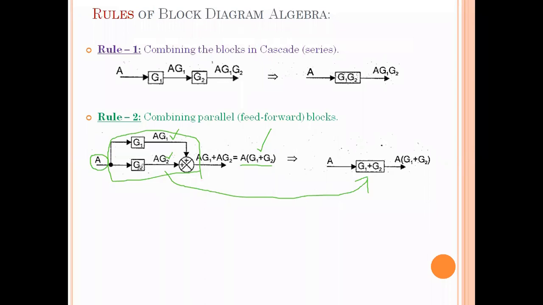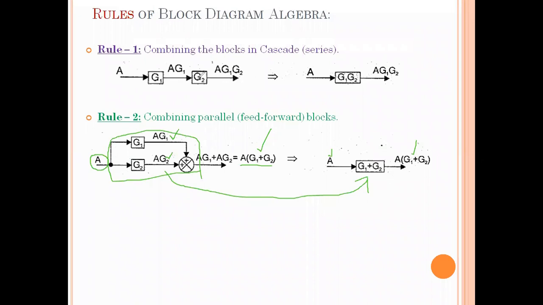The gain of the first block and the gain of the second block, simply add these two gains and replace by a single block, you will get this one. Now, if you send the input through this block, A is multiplied with G1 plus G2, so we will get A into G1 plus G2. This is our actual output. So the output and input both are the same. You can see this entire complex block is simply replaced by adding two gains.